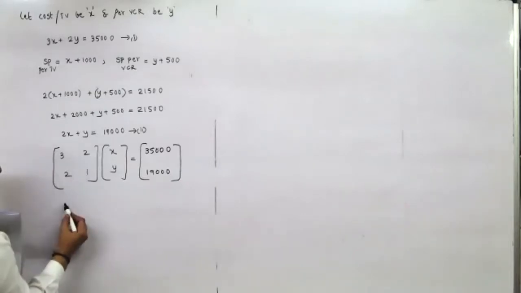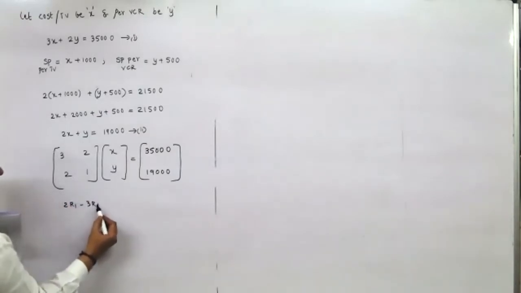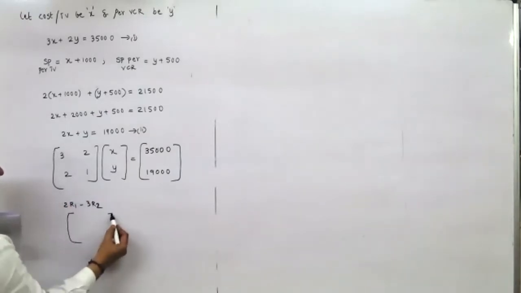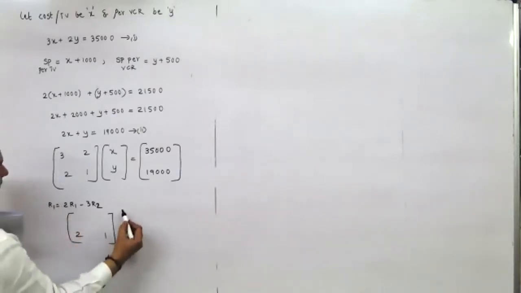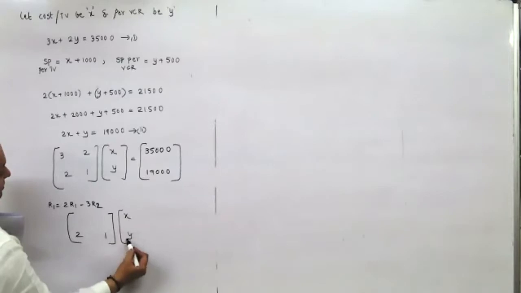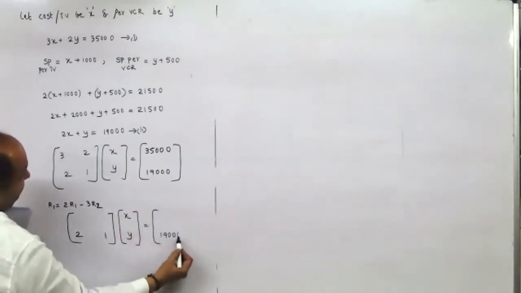So I can say twice R1 minus thrice R2. Here I'll keep R2 as it is: 2, 1, X Y, equal to 19,000.